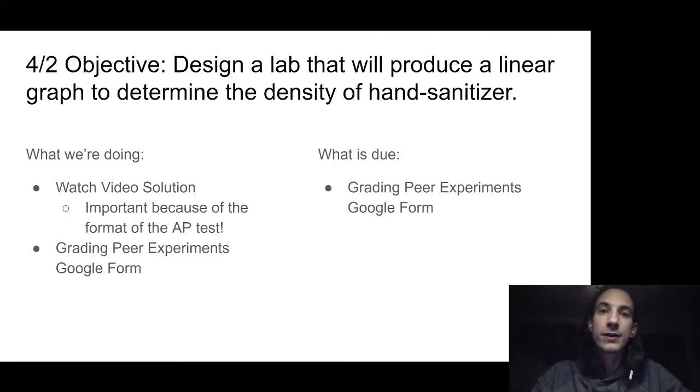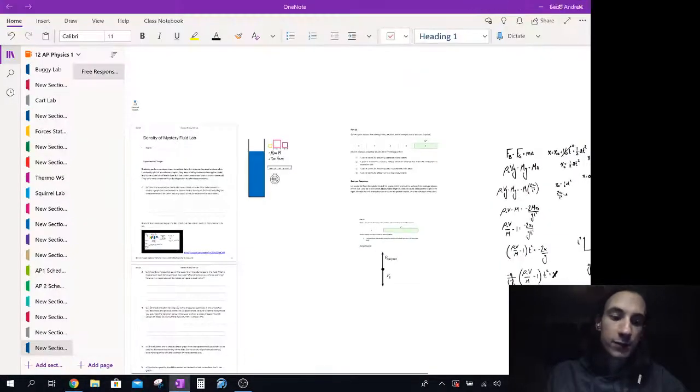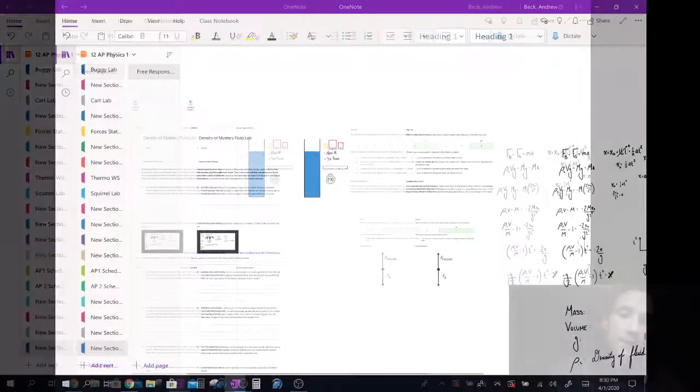So I'll pick a few at random and some that I like that are good examples, and we'll critique those. What I will get from you all is the Google form you fill out grading your peers' experiments. So what I'm going to do is shift over to this one, so you can just see that.